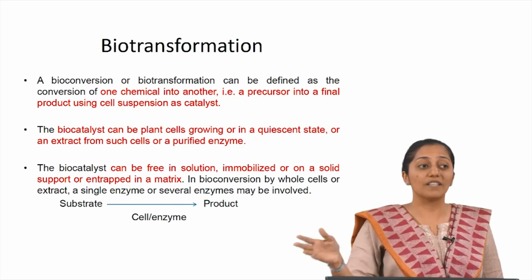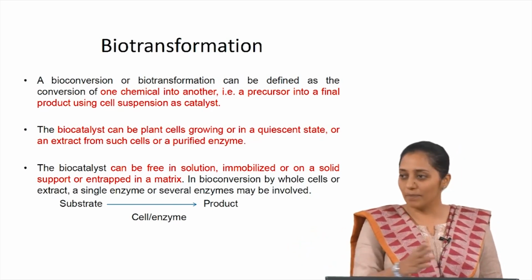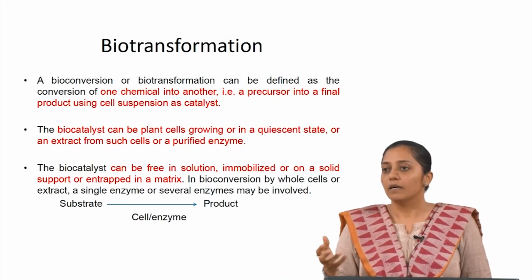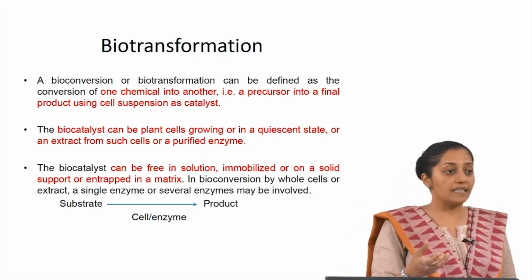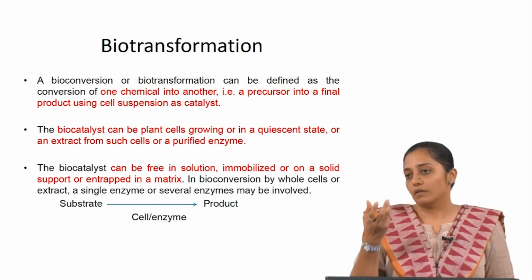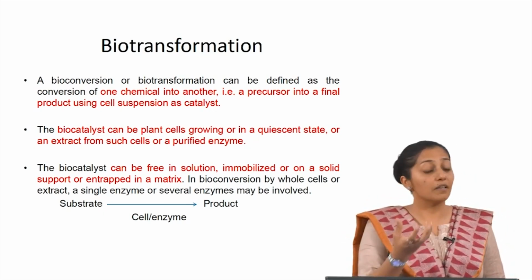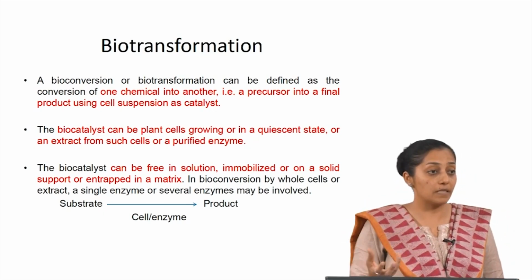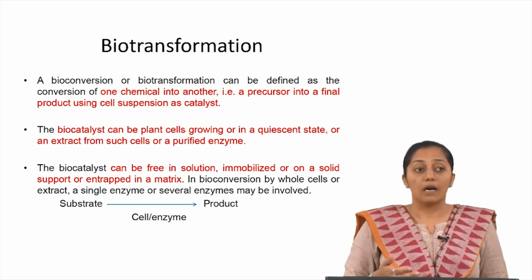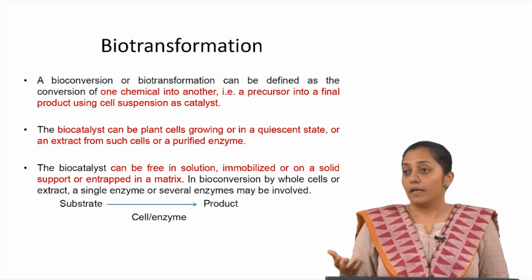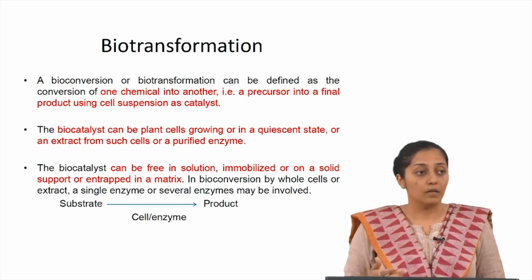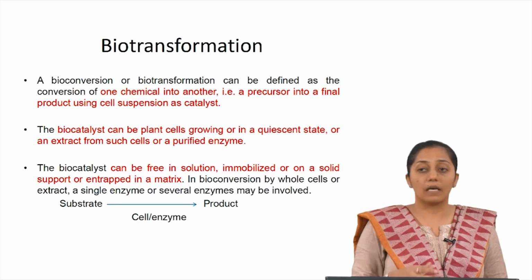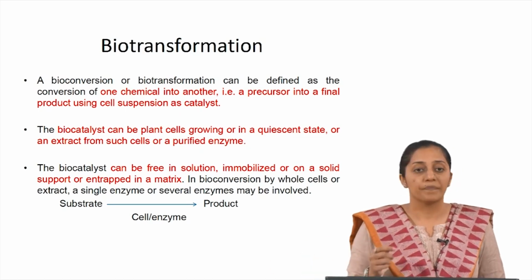If more than one step is involved in the complete biotransformation, rather than using a package of purified enzymes or a single enzyme, you can use the whole cell, which is a rich repository of a number of enzymes: dehydrogenases, hydrolases, redox enzymes. So, you have so many different kinds of enzymes which can bring about these changes.